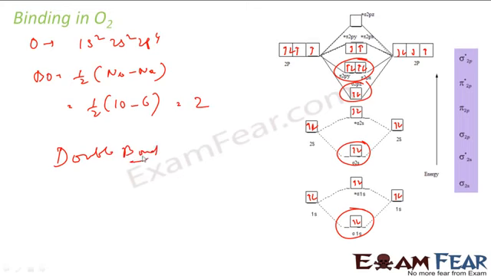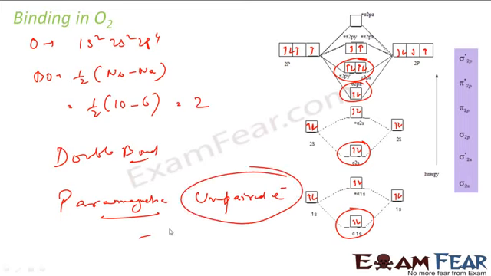What about the magnetic character? I can see the unpaired electrons. Right? So it is paramagnetic, since unpaired electrons are there.